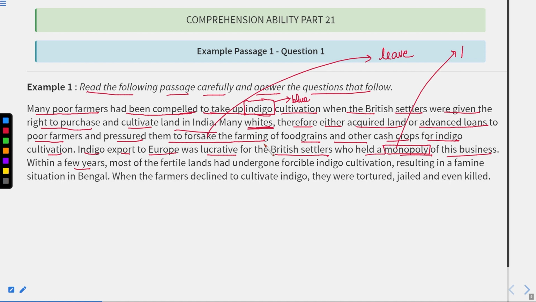Forcible indigo cultivation resulted in a famine situation in Bengal. So everyone was worried there.